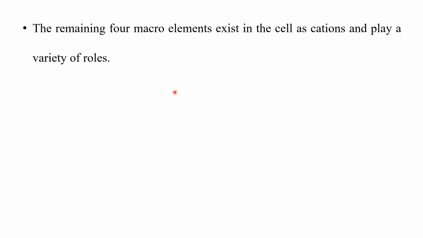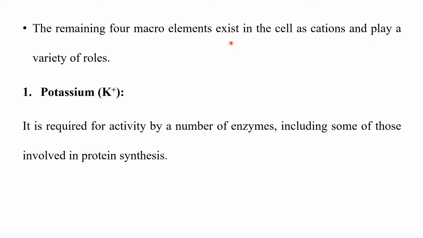Now, what is the role of these macronutrients? They act as cations and they play a variety of roles. For example, potassium is required for the activity of different enzymes. This potassium is also involved in protein synthesis.